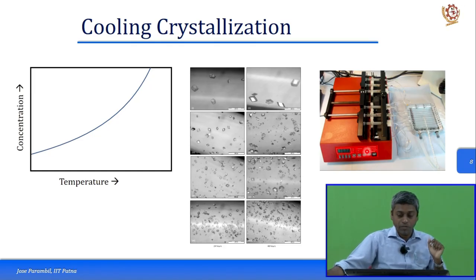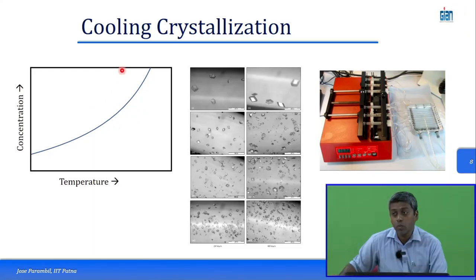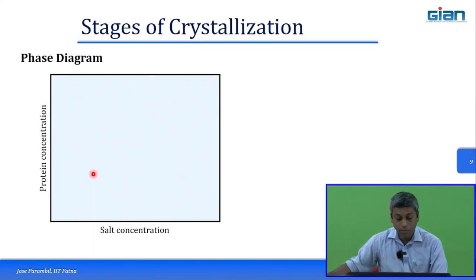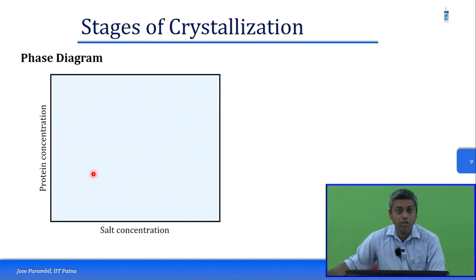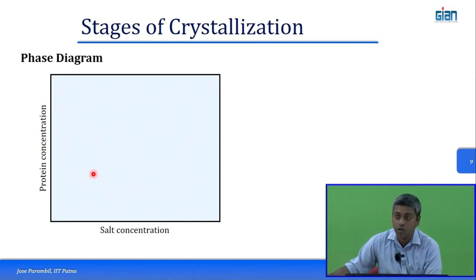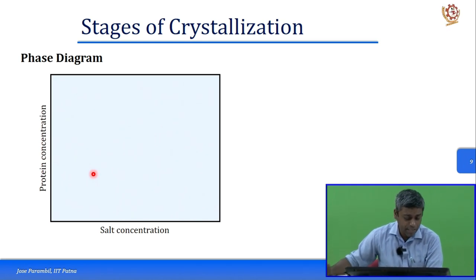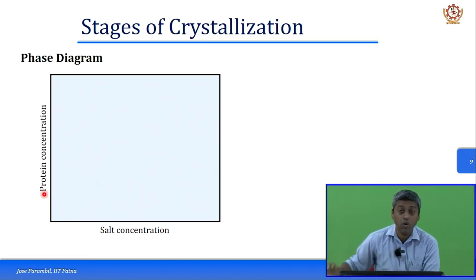This graph itself is a phase diagram in one way, because it is considering solubility versus temperature. But when it comes to protein crystallization, temperature or cooling crystallization alone is not often used. You use salt or precipitant along with proteins in order to precipitate or salt out the proteins in order to crystallize them.